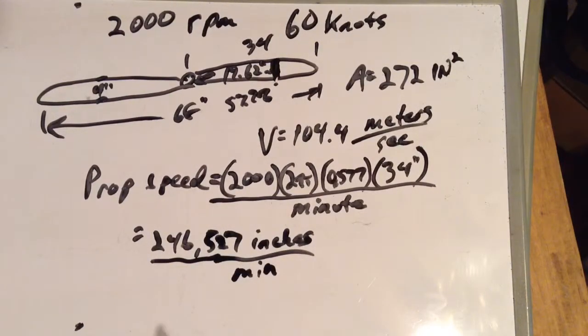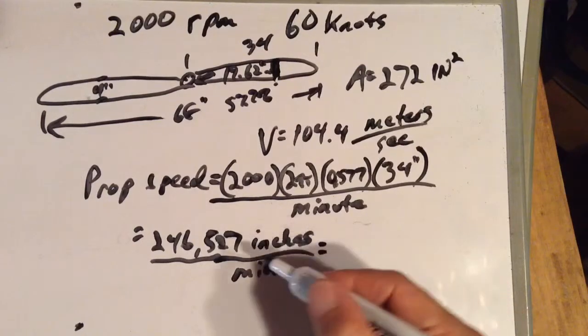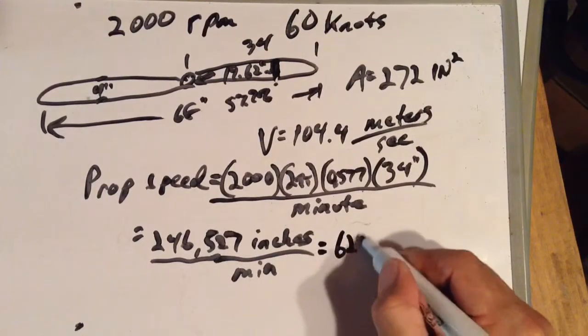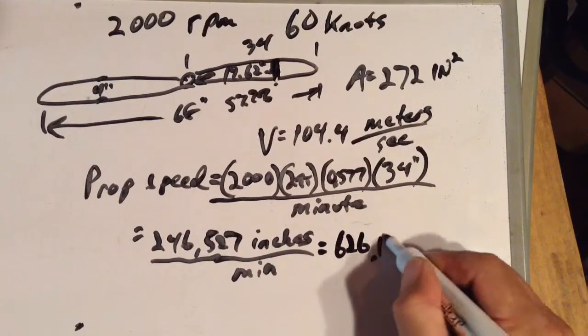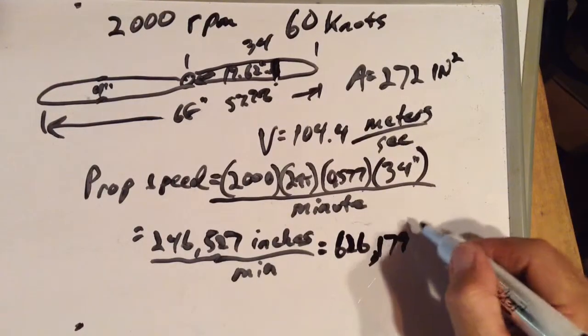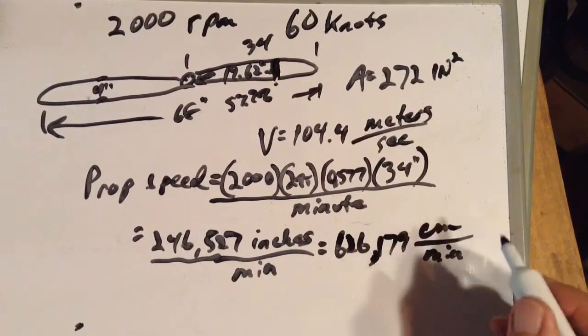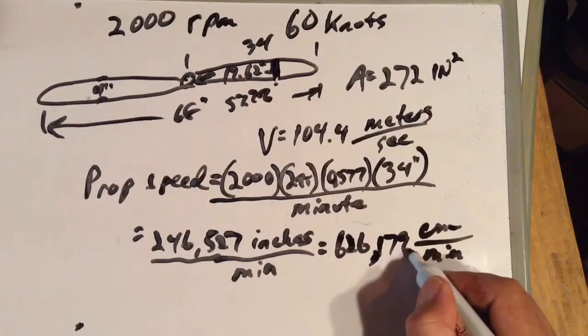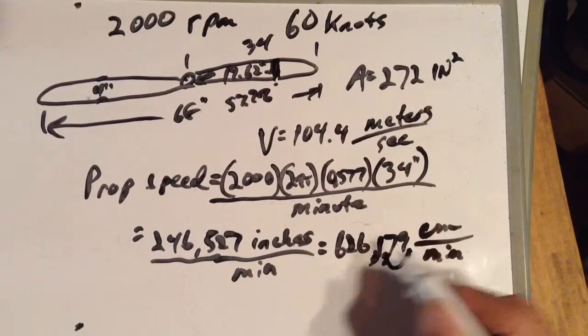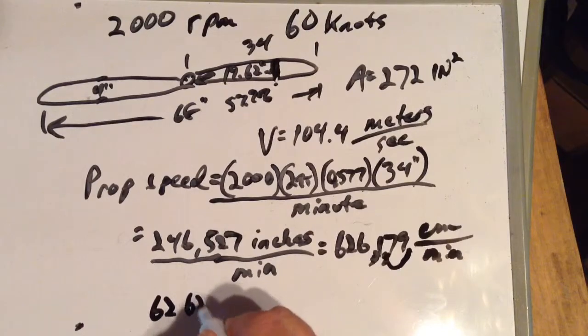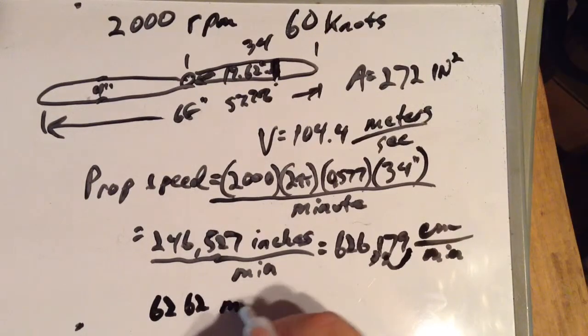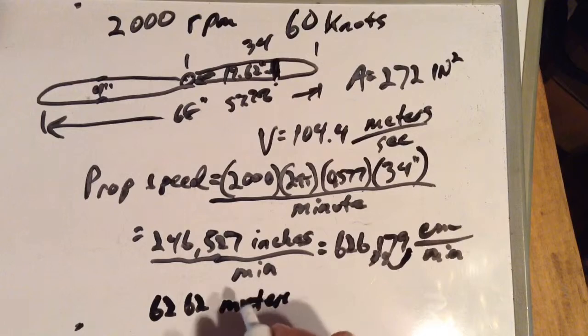Okay, and let's get that in meters per second. So let's turn our inches into centimeters. We multiply that by 2.54 and it gives us 626,179 centimeters per minute. We move our decimal point 2 spots from there to there, and we get 6,261 meters per minute.